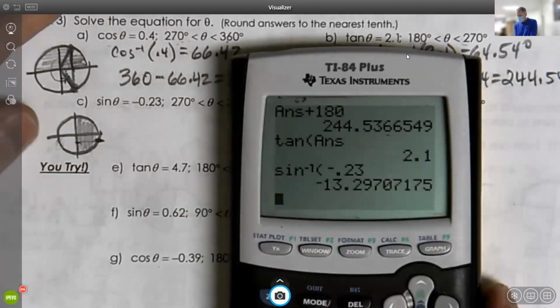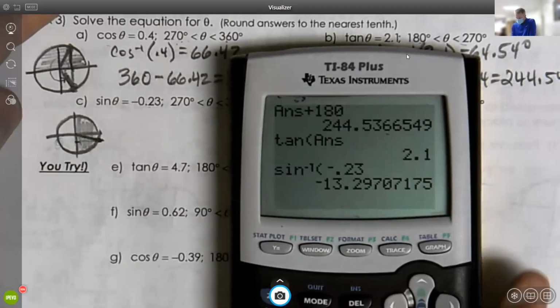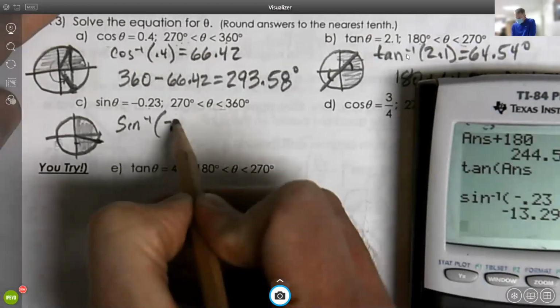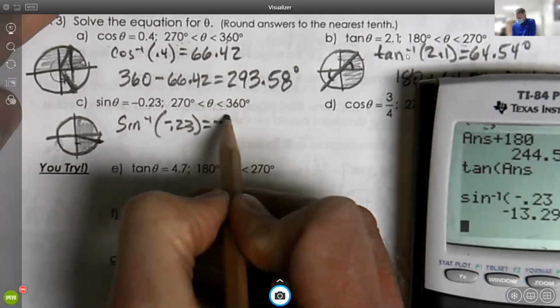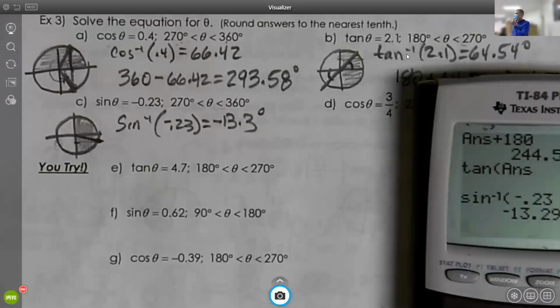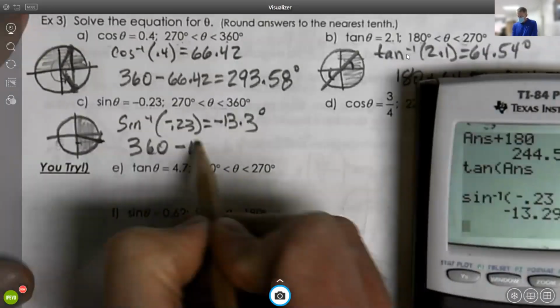13 degrees. Oh, I see the weirdness going on. Sine inverse of negative 0.23 gives me a negative 13 degrees. Negative 13.3 to be exact. So my reference angle is 13.3. I'm going to take my 360 and subtract my 13.3.